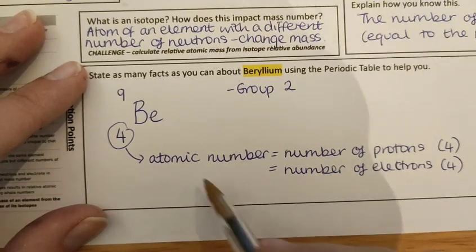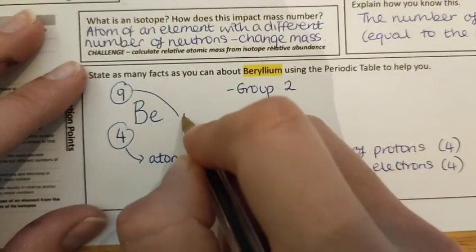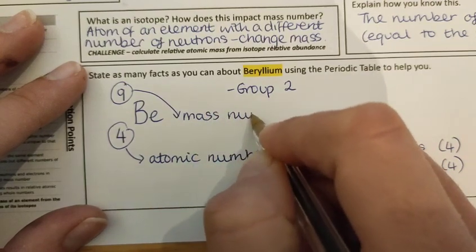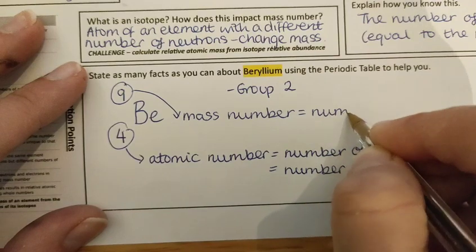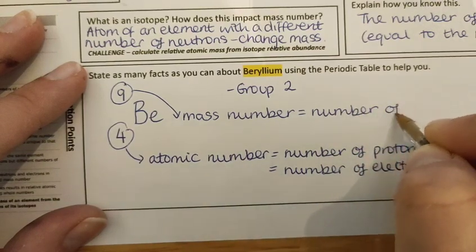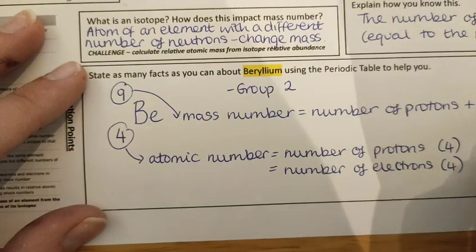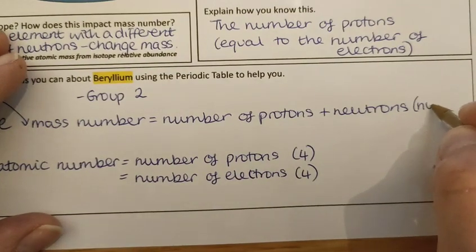Okay, so then I'm going to look at this one here. So that's number 9. So this is the mass number, which equals the number of protons plus neutrons. And that's in the nucleus.